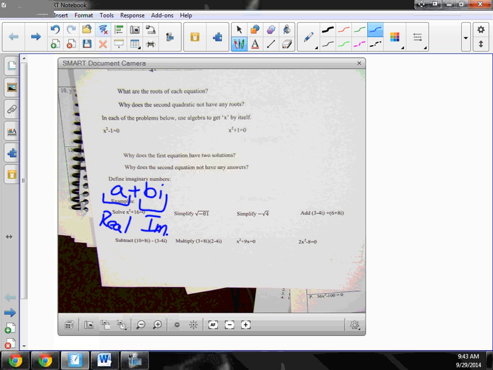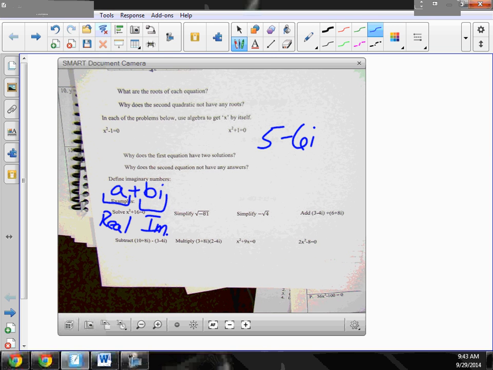And when you put real numbers and imaginary numbers together, we get what's called complex numbers. I already said that complex and imaginary are basically the same thing, so we're just going to call them the same thing. So an imaginary number could be 5 minus 6i. We consider that one imaginary number.